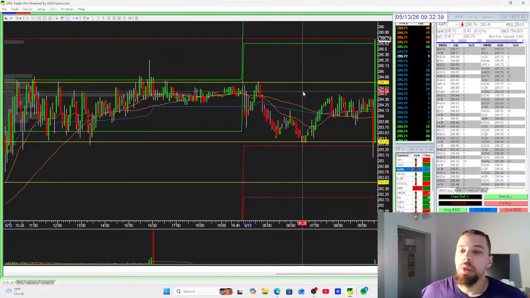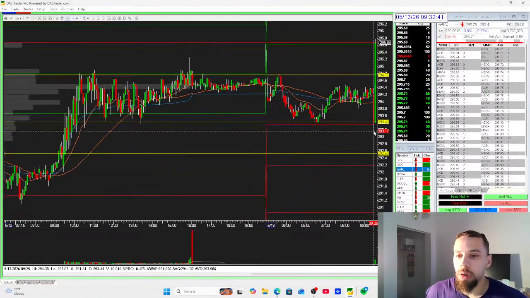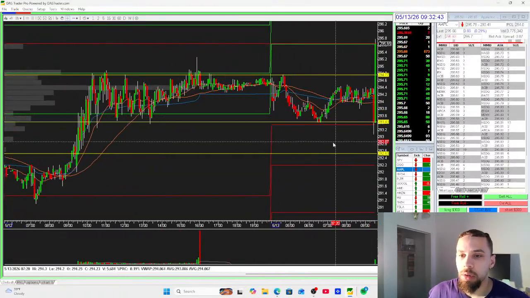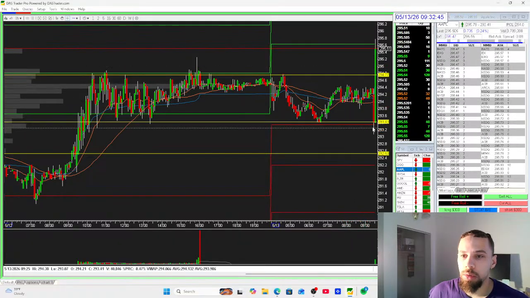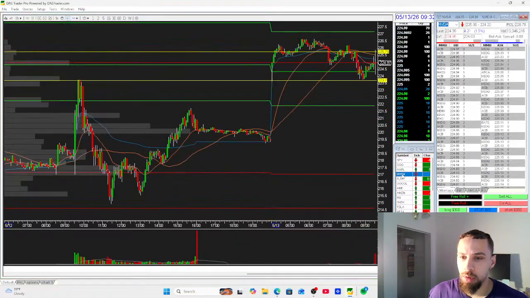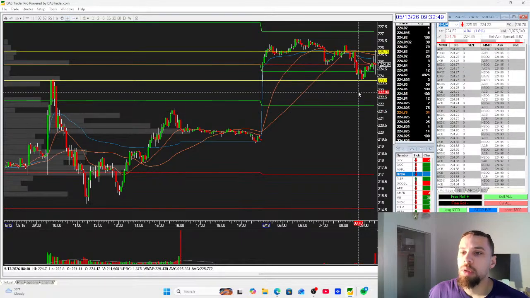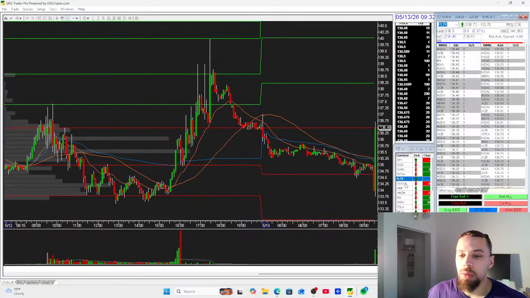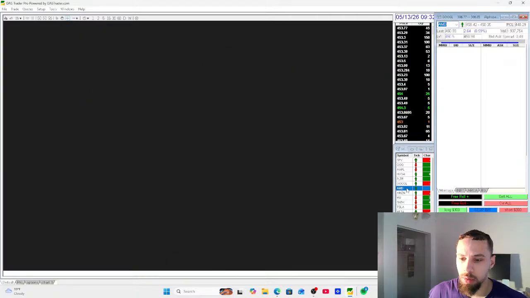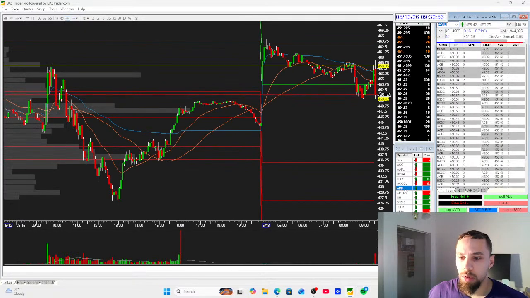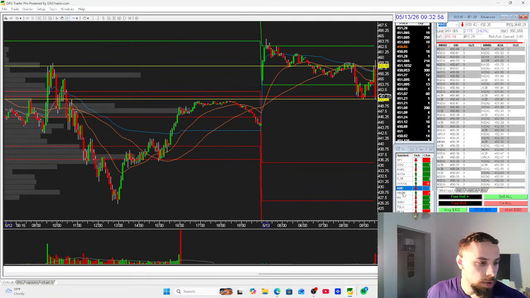Apple is on a tear too. Look at that 5-minute candle. Candle's huge. Nvidia doing nothing. AMD playing the range we marked.